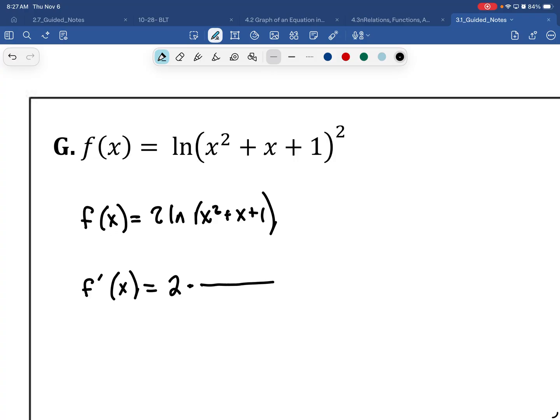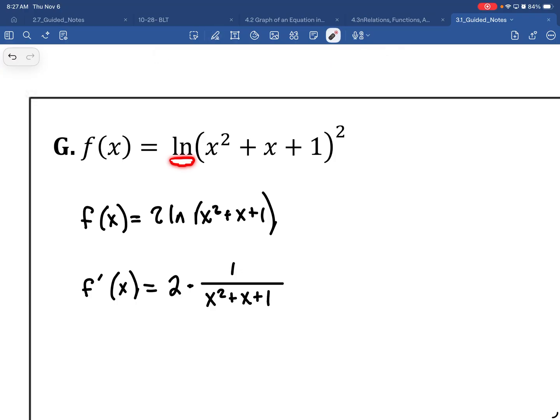What is the derivative of natural log? In this case, it's 1 over x squared plus x plus 1. So I should have asked the question, what is the derivative of the natural log of something? Well, it's 1 over something. But I'm not quite done. I just did the derivative of natural log, that outer layer.